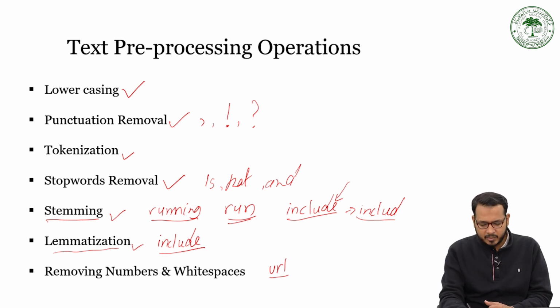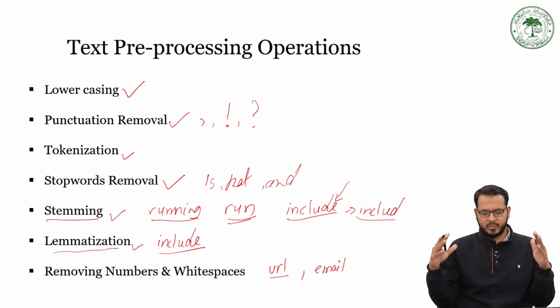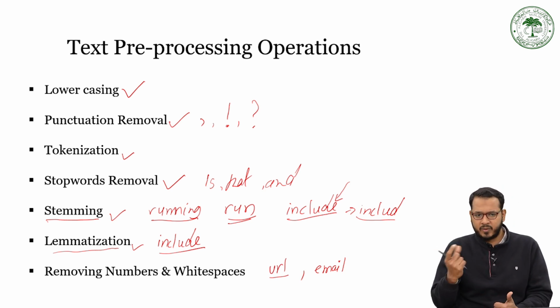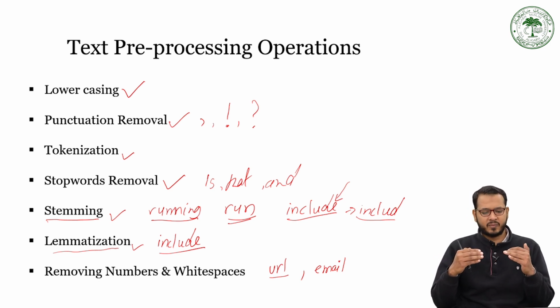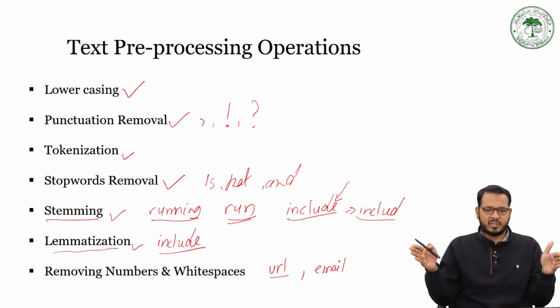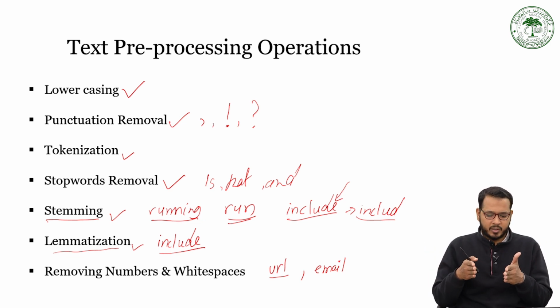Sometimes emails are also mentioned within the text, and we sometimes remove those email addresses too, or replace them with a common word like email address. The basic idea in text pre-processing is that we remove those things which do not add to the meaning of the sentence for the machine learning model, and we break the huge text down into smaller chunks.